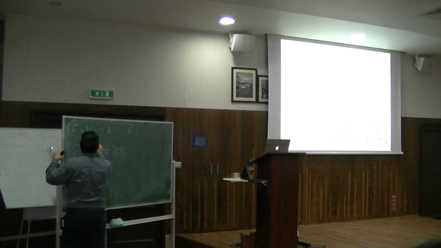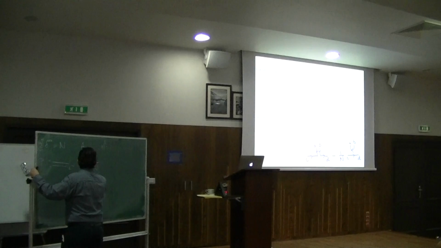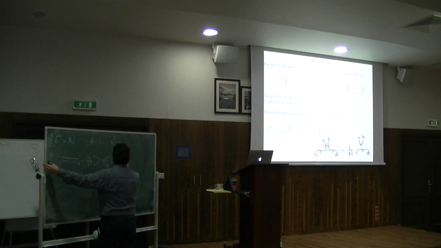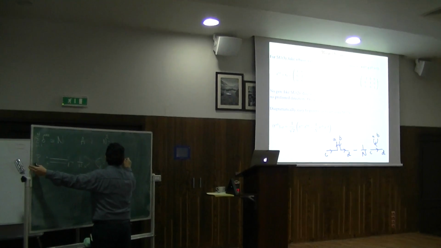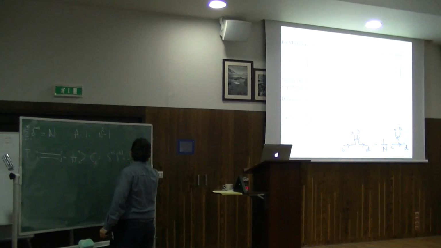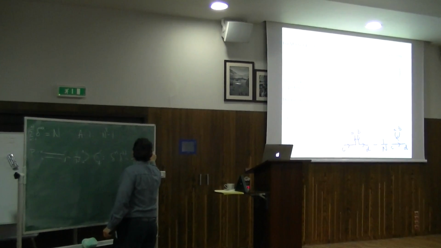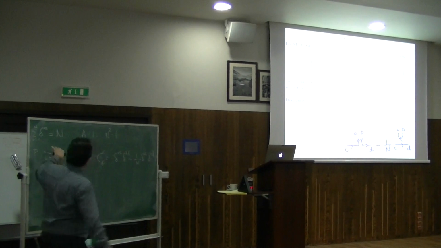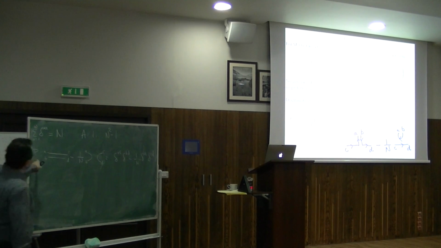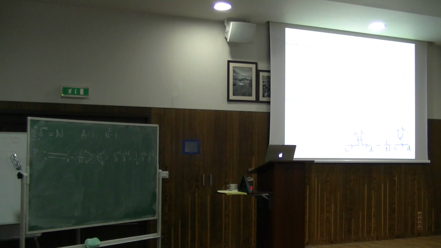This is ABCD, and this is equal to delta AC, delta BD, minus 1 over n, delta AB, delta CD. So it really is just a bunch of trivial delta functions, nothing complicated here. Let me now show you that this is a projector.